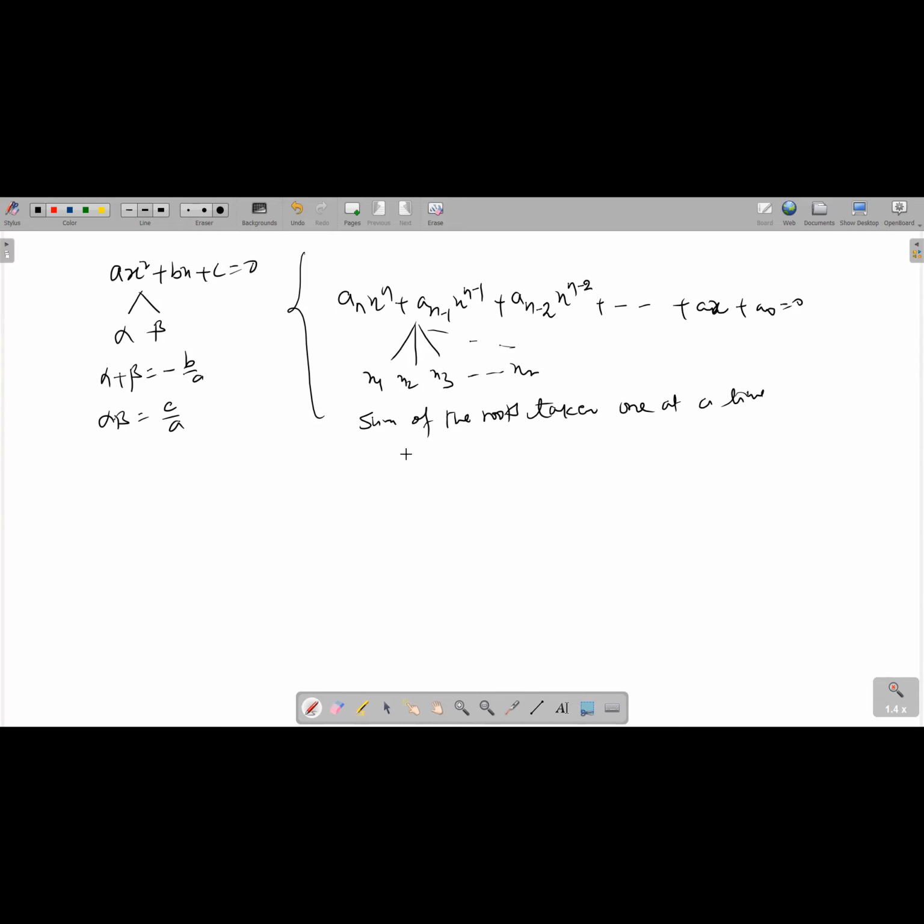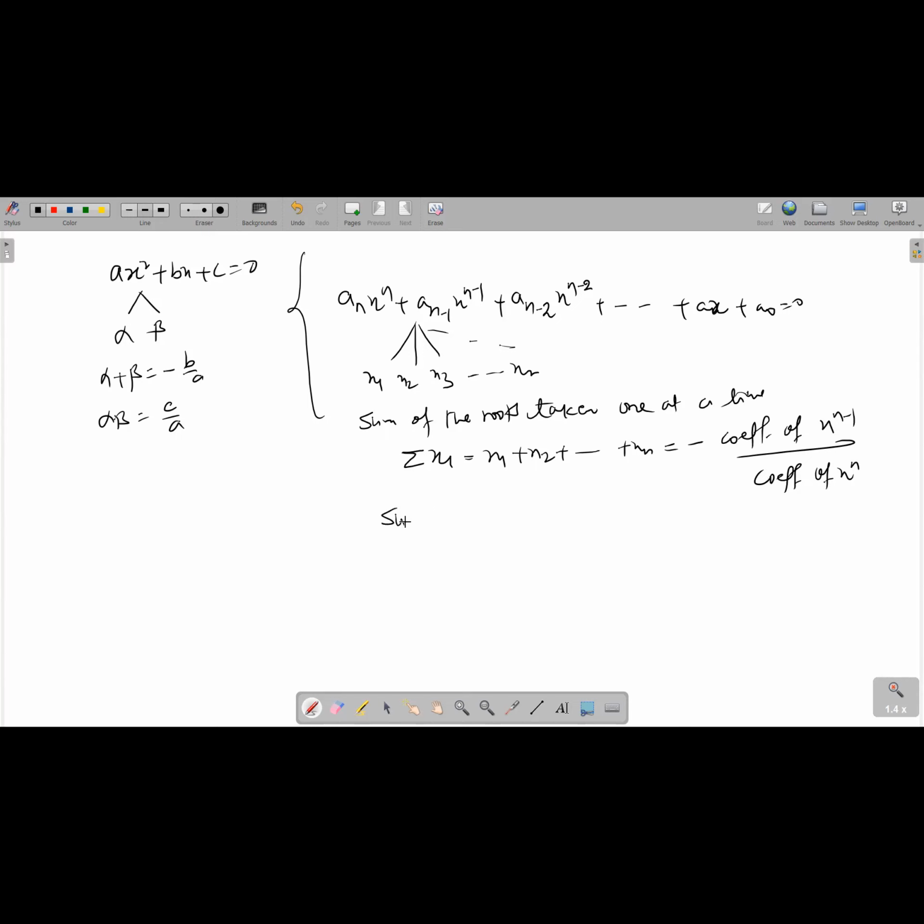That is x1 plus x2 plus x3 plus x4 like that. So just simply write this as summation of x1. It means x1 plus x2 up to xn. That is basically minus coefficient of x raised to n minus 1 upon coefficient of x raised to n. Like this, we have degree 2, so we are taking minus coefficient of x raised to n minus 1.